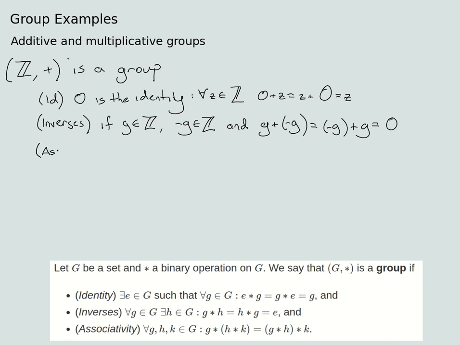And finally, associativity. Well, integer addition is associative, so it is a general property of the integers that if a and b and c, let's say, are integers, then a plus (b plus c) really is equal to (a plus b) plus c.